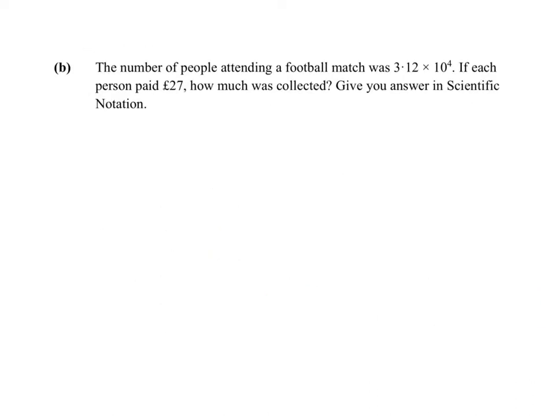Part B, the number of people attending a football match was 3.12 times 10 to the 4. If each person paid £27, how much was collected? The answer is 27 times 3.12 times 10 to the 4.